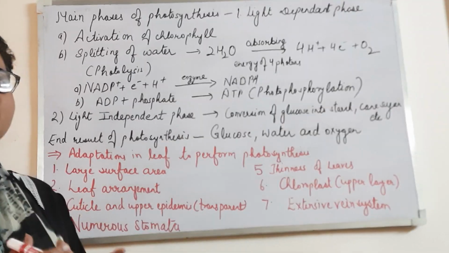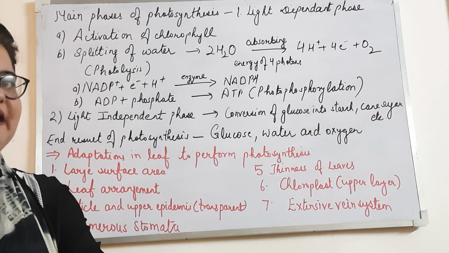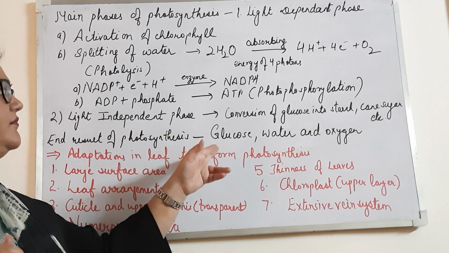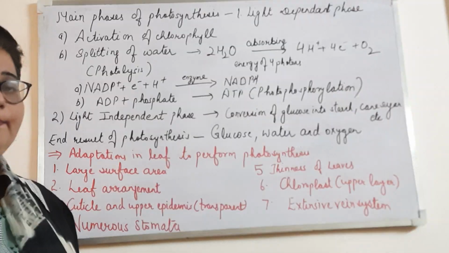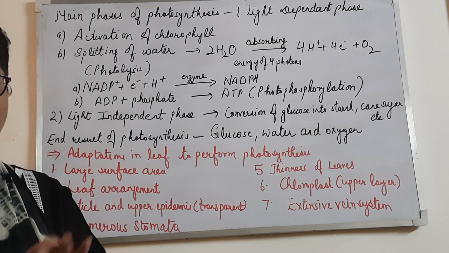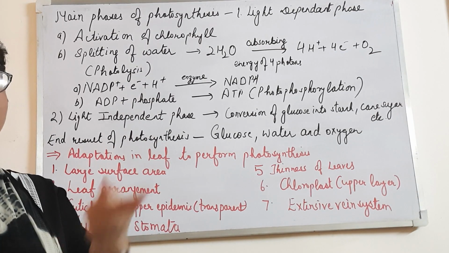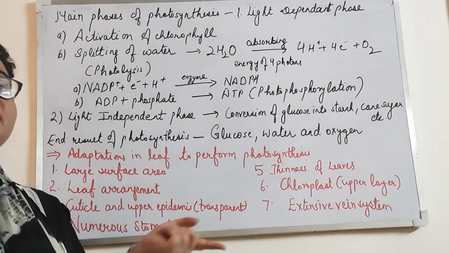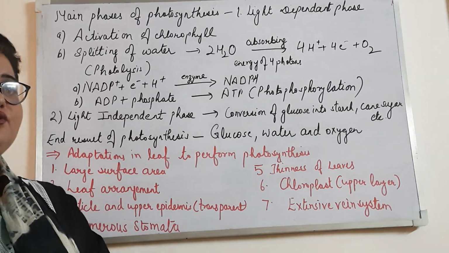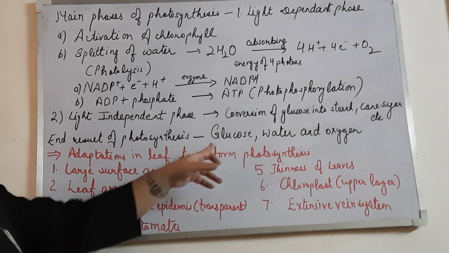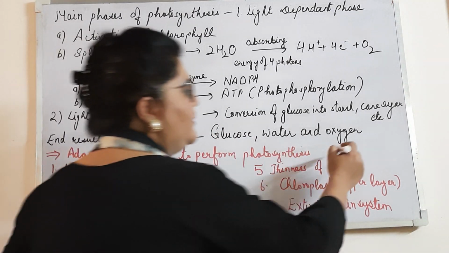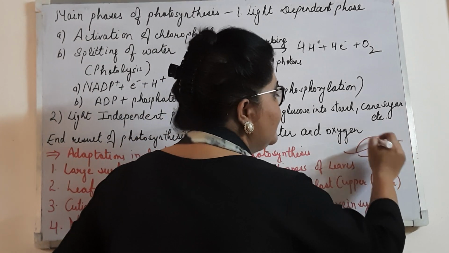It gets converted into starch and stored in the leaf, and during the night time it changes into a soluble sugar again. That starch gets converted into a soluble sugar again, and it is transported in solution from the leaves by the help of the veins of the leaves, as I have already told you, these are the veins of the leaves.